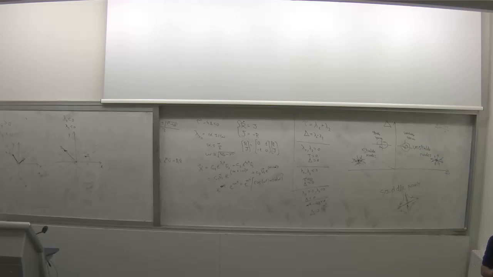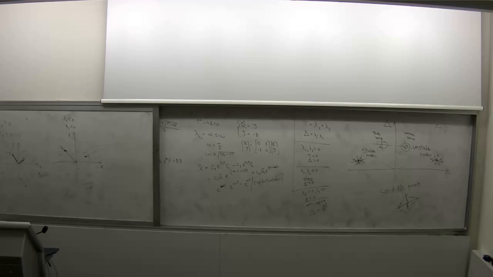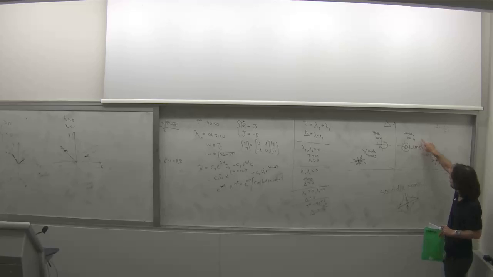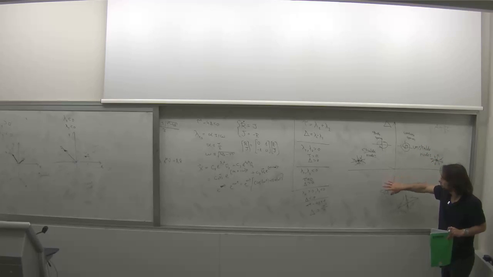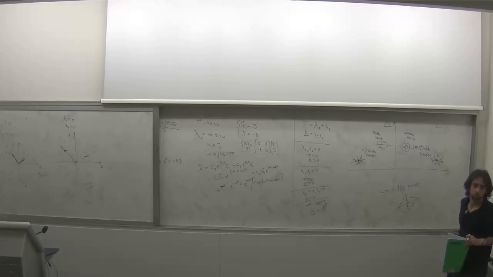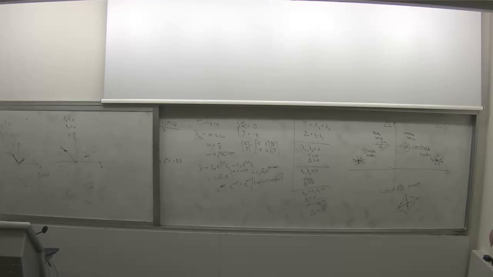So if you get a two-dimensional linear system, then immediately you can convert it to the matrix form, and then find the trace, find the determinant, and see if this combination of trace and determinant falls in the saddle point area, or in the unstable node or unstable spiral area, and so on.